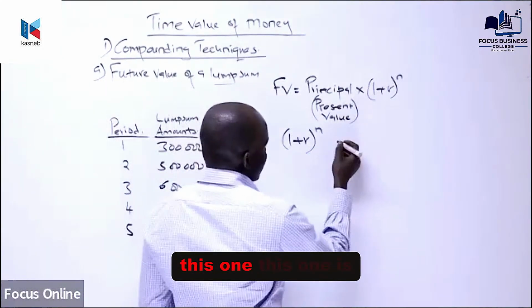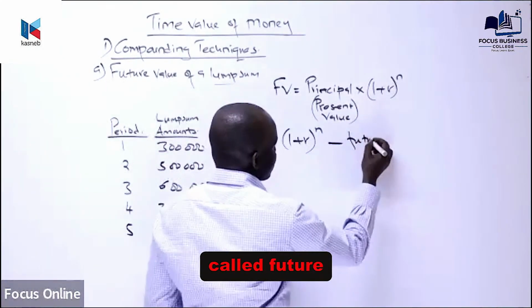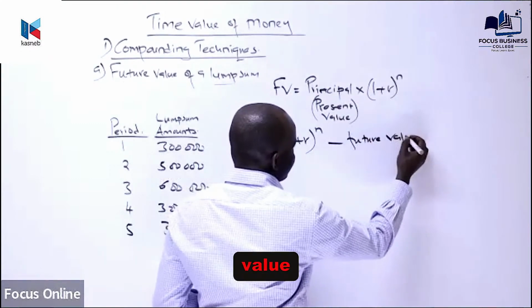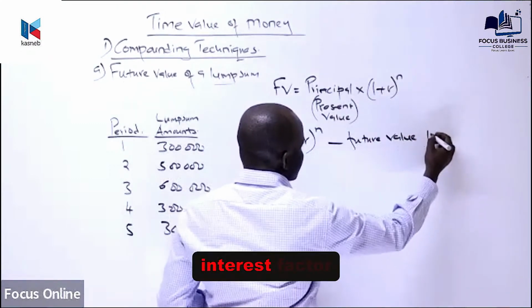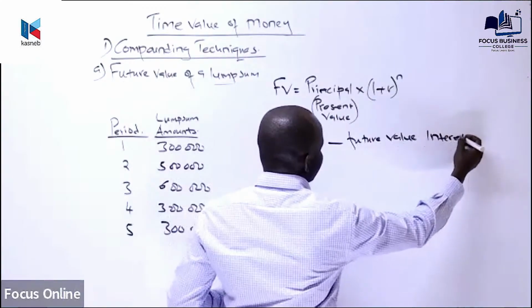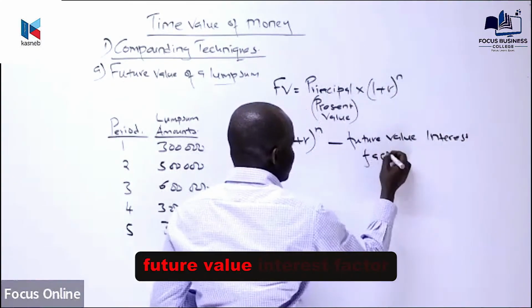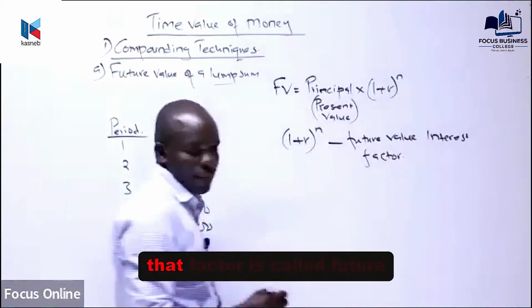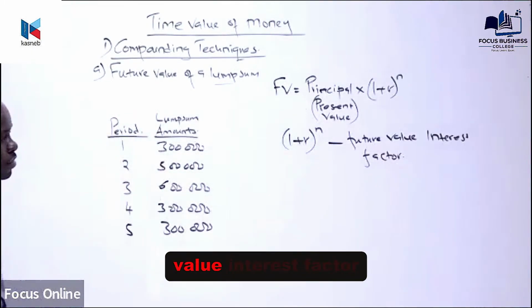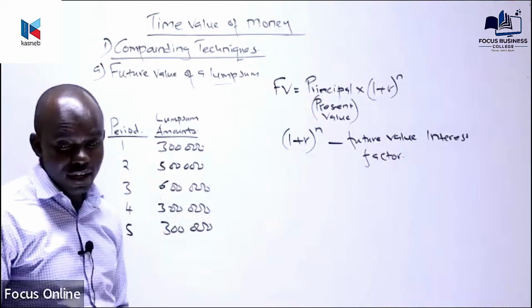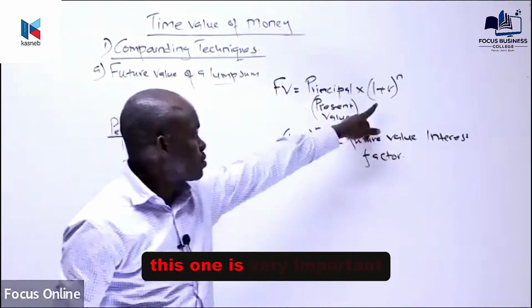It is called the future value interest factor. That factor, 1 plus r into bracket power n, is called the future value interest factor. This one is very important.